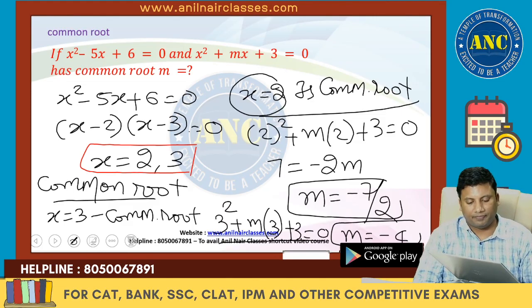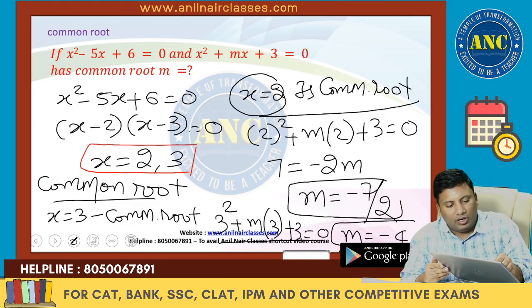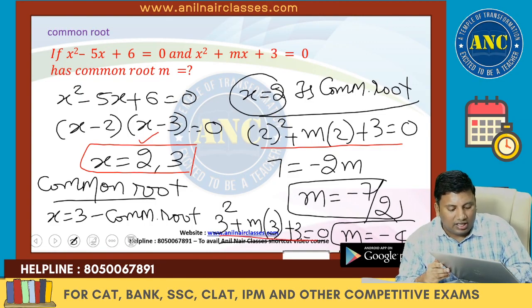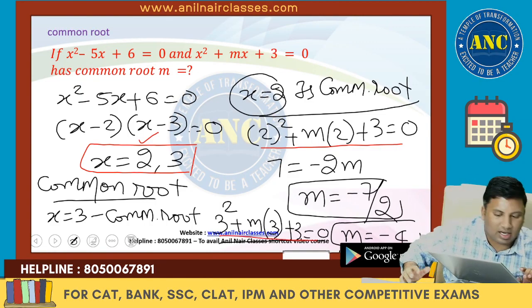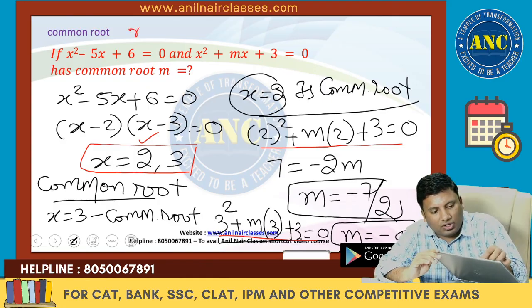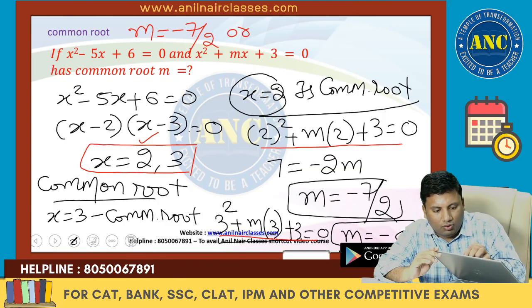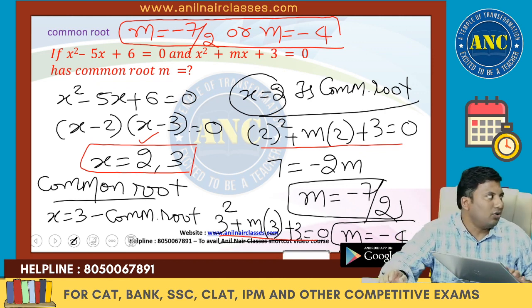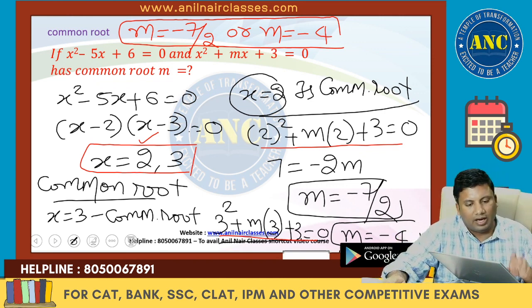Either 2 is the common root, which means it should satisfy, or 3 is the common root. Answer for this question is m equivalent to minus 7 by 2 or m equivalent to minus 4.